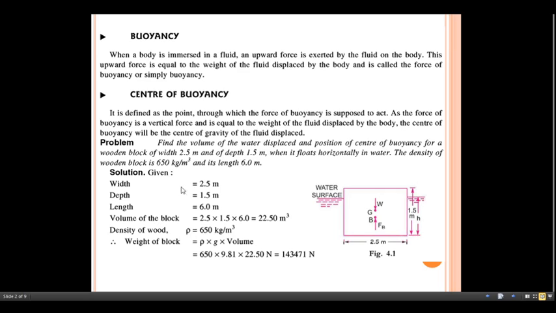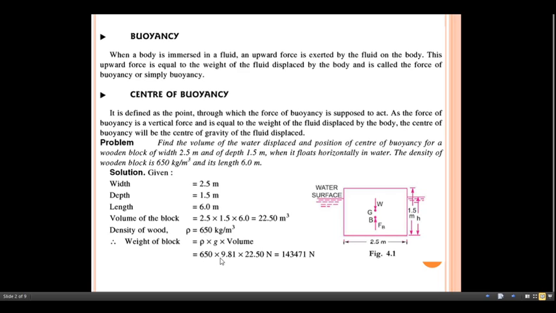Now the width with us is 2.5 meter, depth 1.5 meter, and length 6 meter. The volume of the block is nothing but 2.5 multiplied by 1.5 by 6, which is 22.5 meter cube. The density of the wood rho equals 650 kilogram per meter cube. Then we can get the weight of the block, which is rho g times volume.